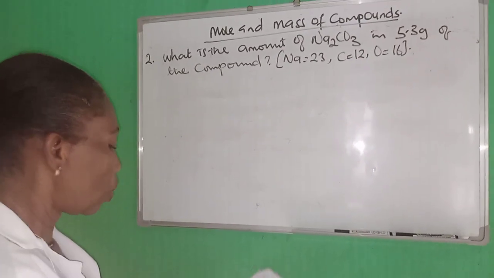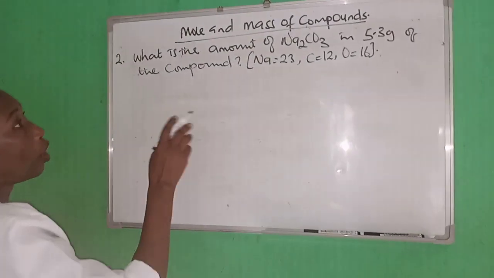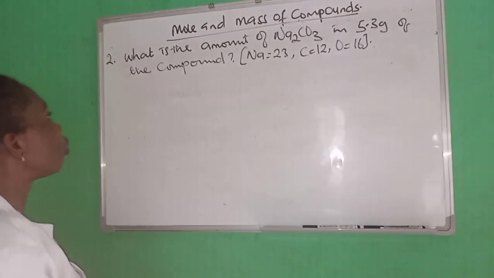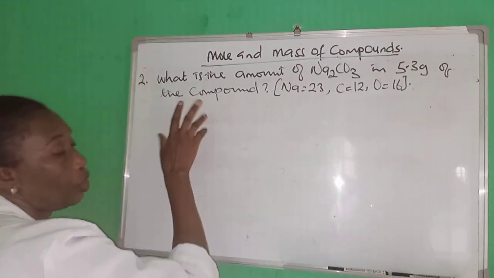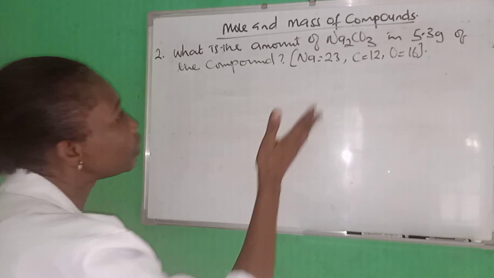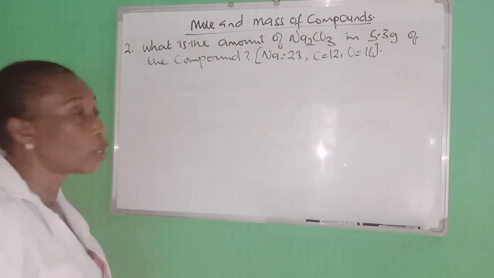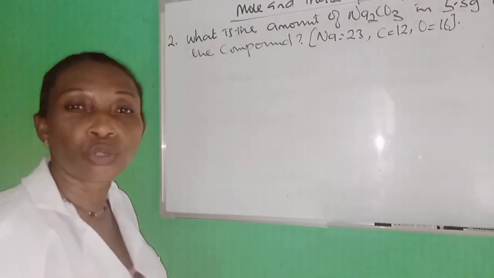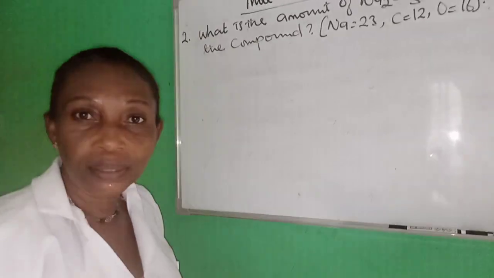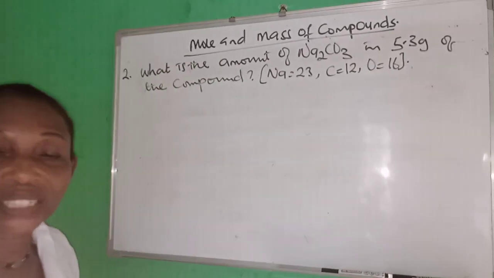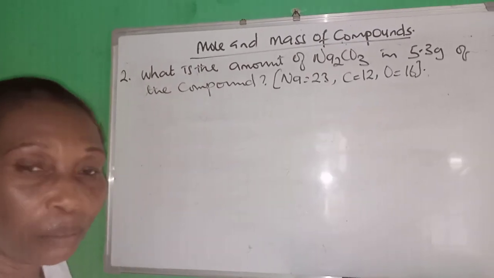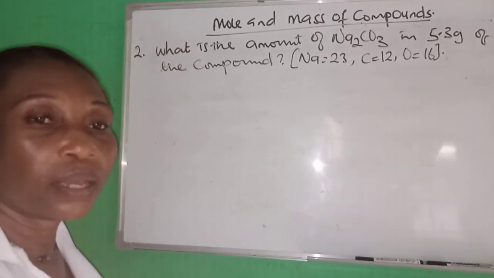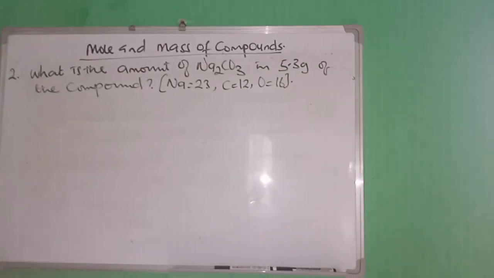Going by the equation, number of moles is equivalent to mass of the compound divided by molar mass. But here we don't have the molar mass. So the first thing we ought to do is to determine the molar mass before we fix it in the formula.